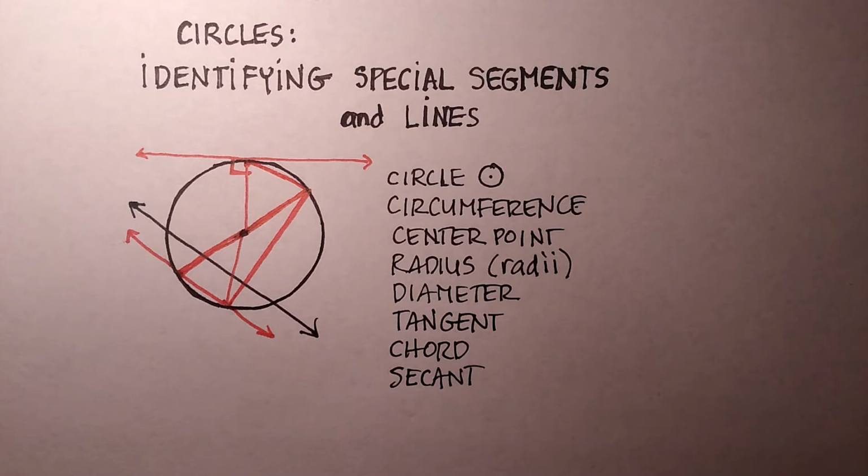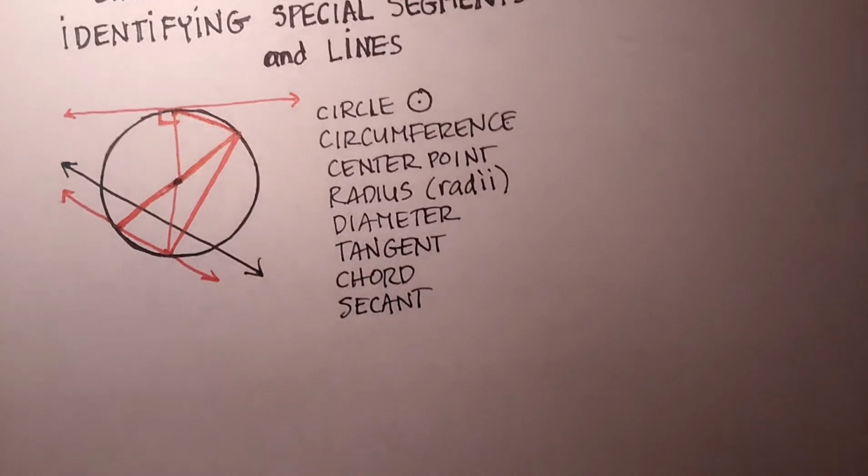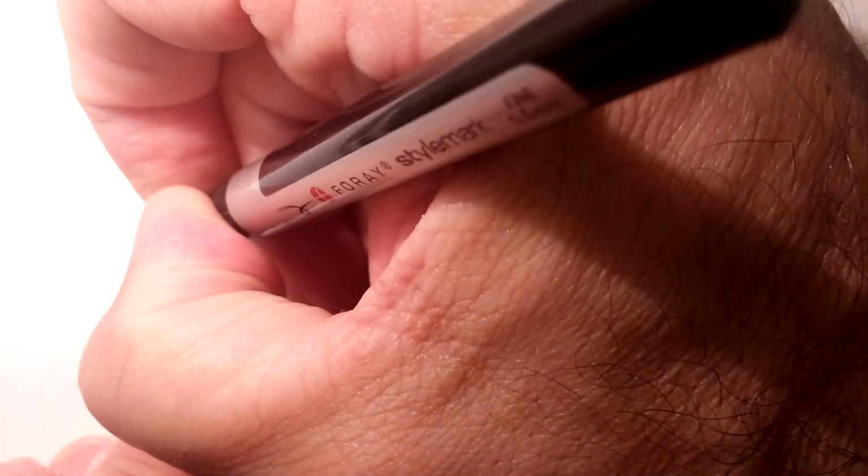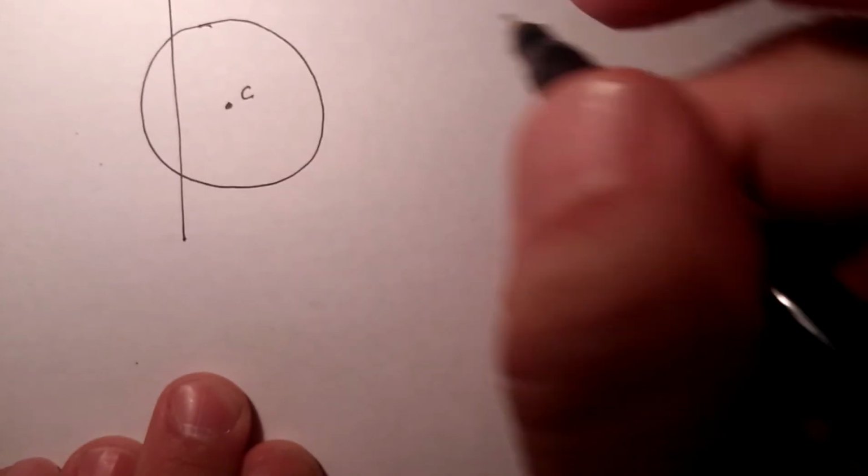Okay? So now that we've gone through all of those definitions, let me give you an example of how this might actually work in a problem. Let's say I have a circle. Not the best circle, but you kind of get it. There's the center point P. Well, actually, we'll call this center C. Let's draw a secant that goes through. We'll call this point up here K. Let's call this intersection point B. Let's draw a diameter.